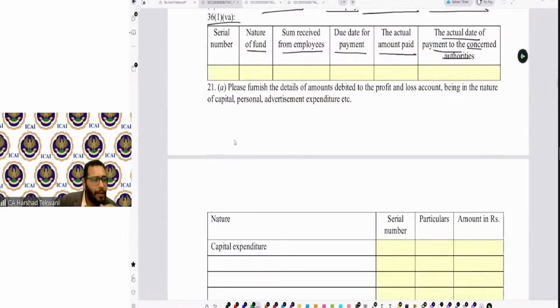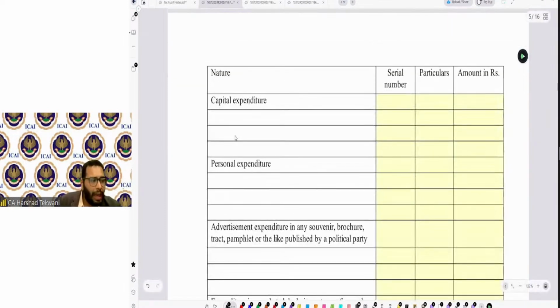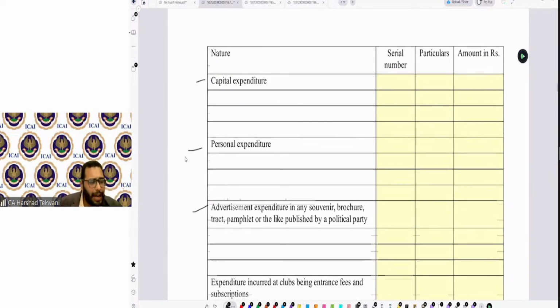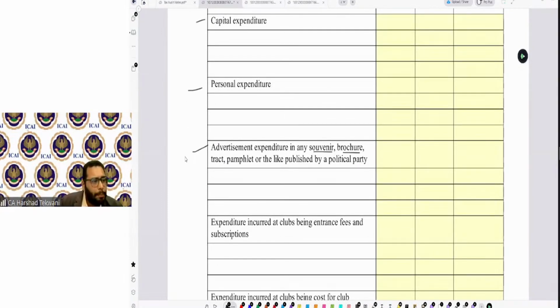Now coming to clause 21. Clause 21 talks about please furnish the details of amount debited to profit and loss account being in the nature of capital, personal, advertisement expenditure, etc. So we have various categories, which is capital, personal. Okay, we have advertisement expenditure in any souvenir, brochure, tract, pamphlet, or the like published by a political party.